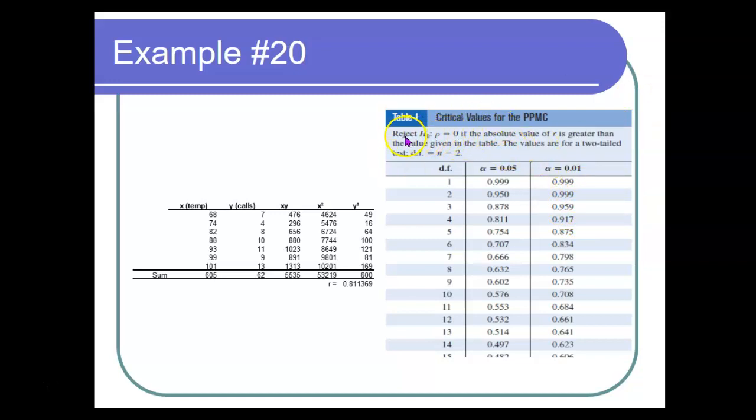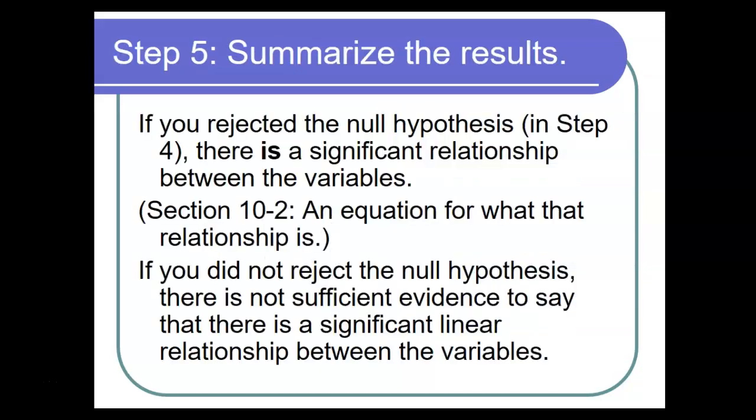Then you reject the null hypothesis that rho equals 0 if the absolute value of R is greater than the value given in the table. In the example we just did, the number in the table is 0.754. R was 0.811. So R was greater than the value given in the table, and so we would reject the null hypothesis.